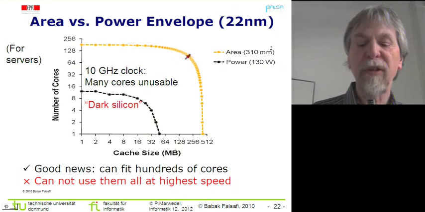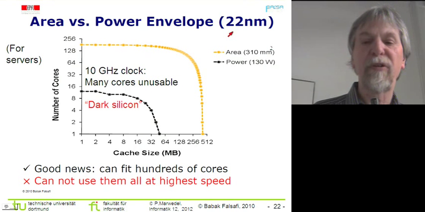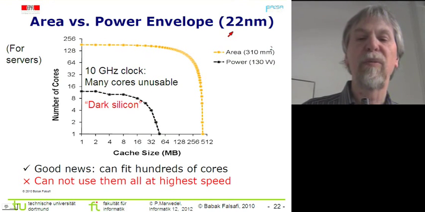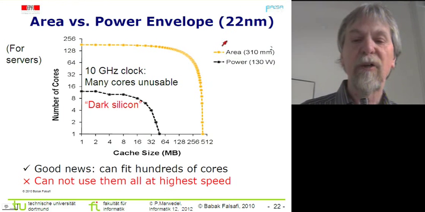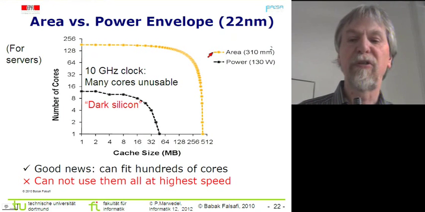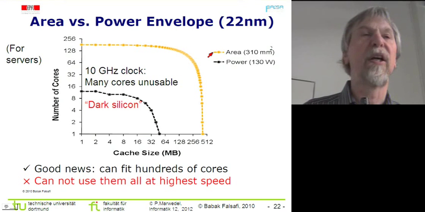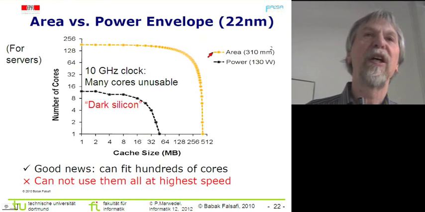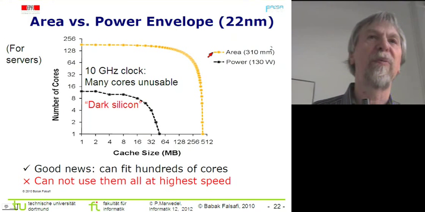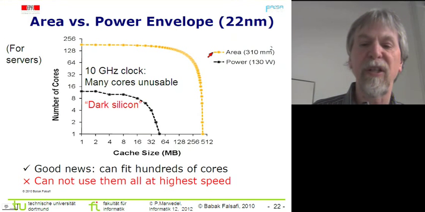It was predicted that in the future for the so-called 22 nanometer technology, the optimal area for the chips will be 110 square millimeters. So that's where we have a good balance between the effort that comes with the fabrication and the resulting yield.